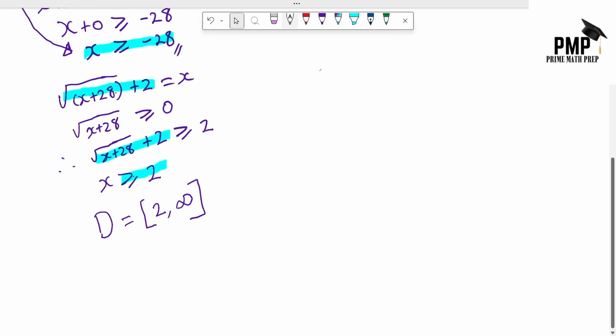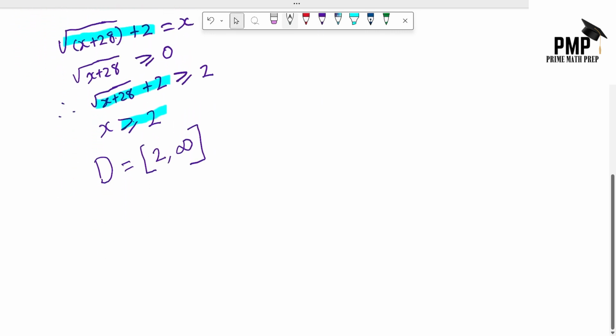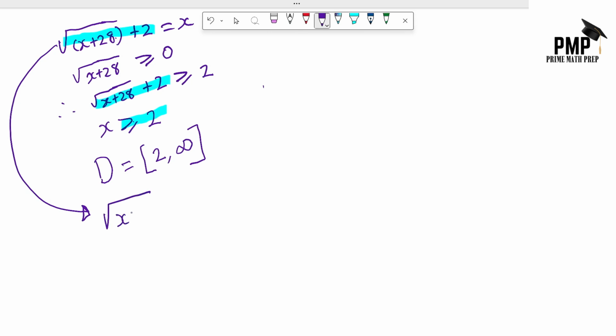The next thing we need to do is to solve the equation properly. So let's bring down our original equation. This is our original equation. Let's write it for clarity's sake: root of x plus 28, plus 2, equal to x.